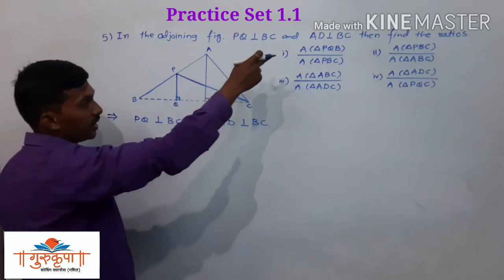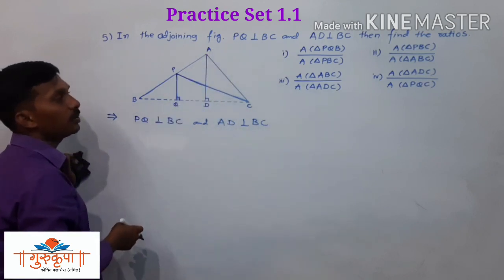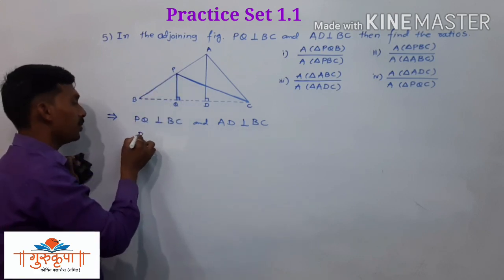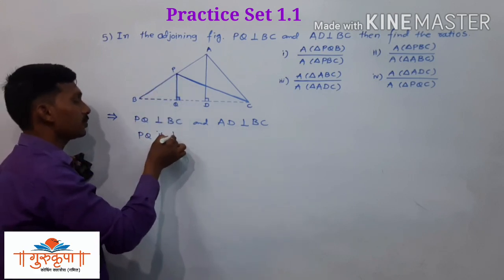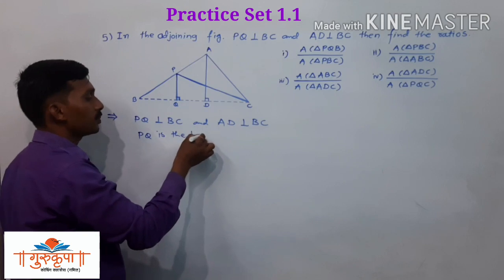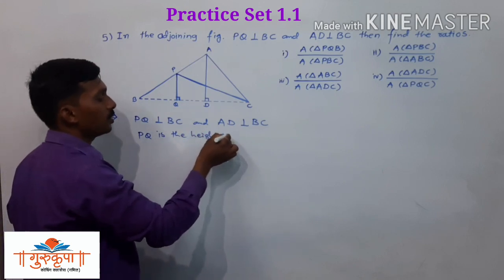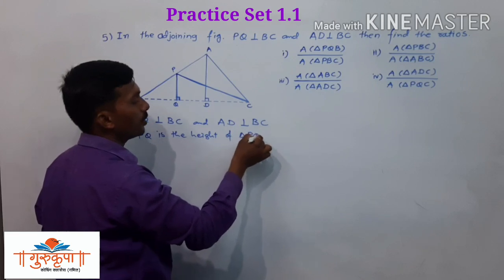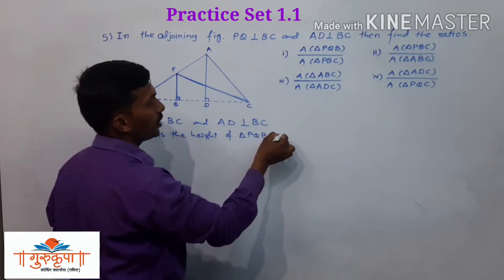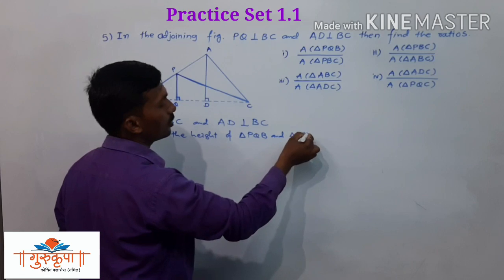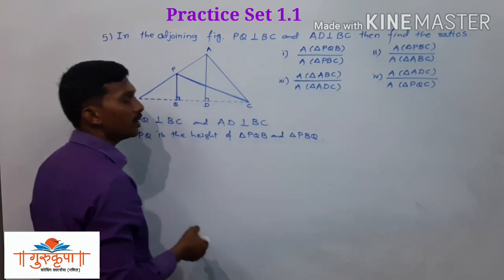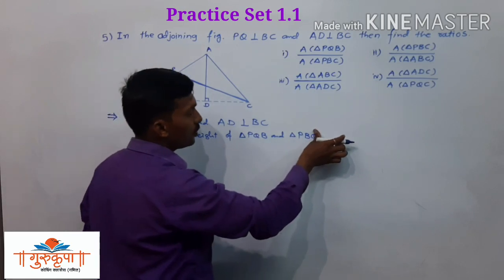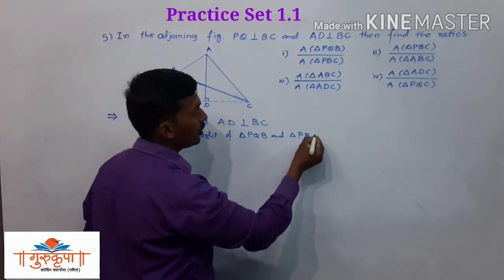So here we can write, for triangle PQB and triangle PBC, PQ is the height. The same segment is the height of both the triangles, PQB and PBC.